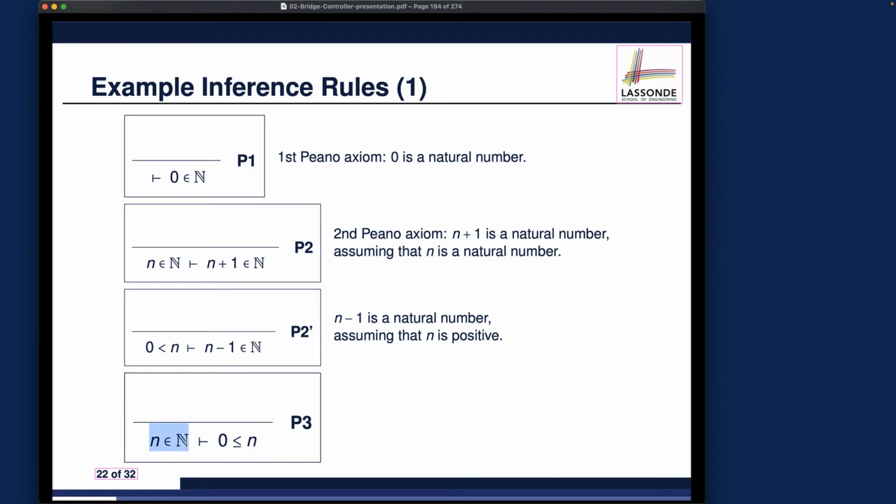And if you recall what we did in lab number 1, in context C0, remember we declared some axiom to say that c, credit limits, is a natural number. And we want to declare something else as a theorem to say that n should be larger than or equal to 0. And that can be automatically proved exactly because of P3.